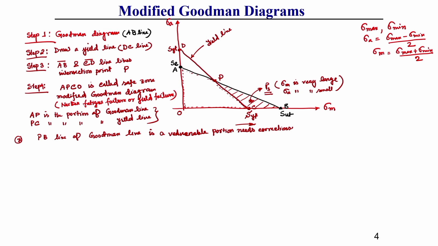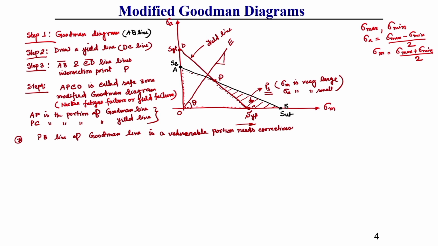Let us consider I am drawing a load line OE. This load line OE has a slope, let it make an angle theta with the horizontal axis, so it has a slope of tan theta.